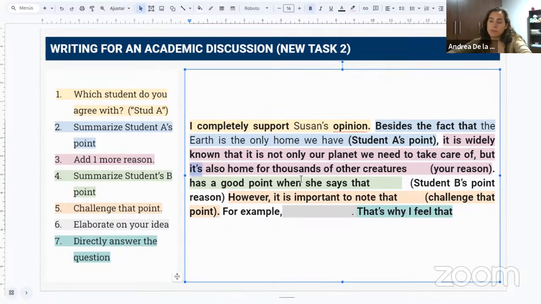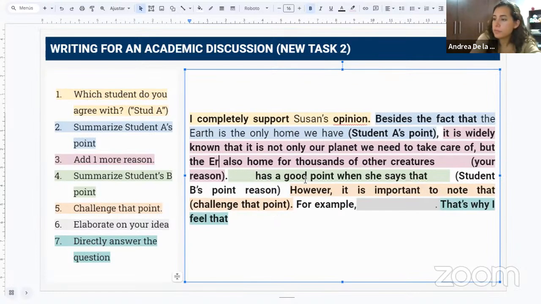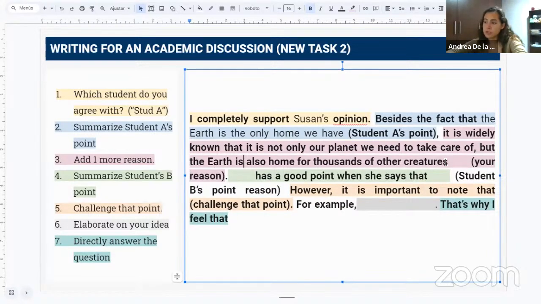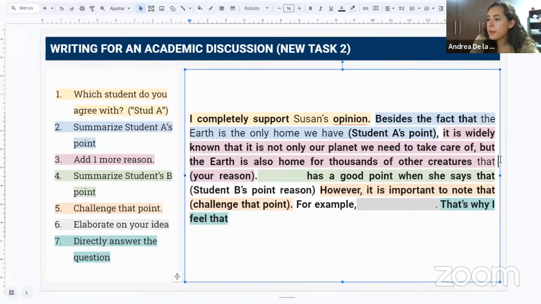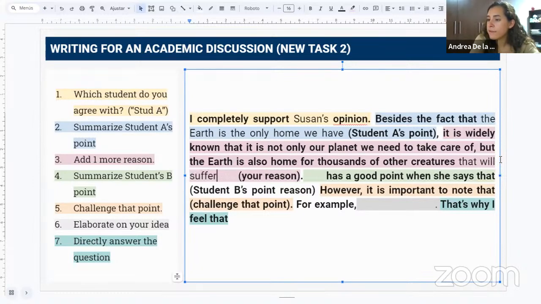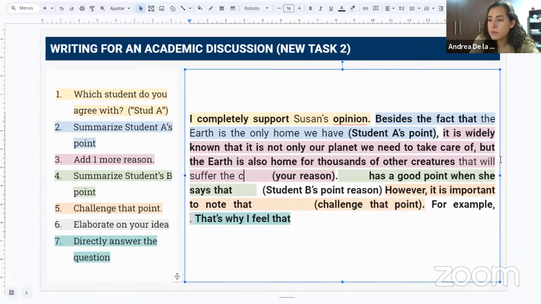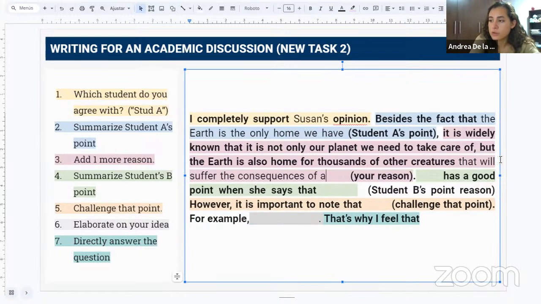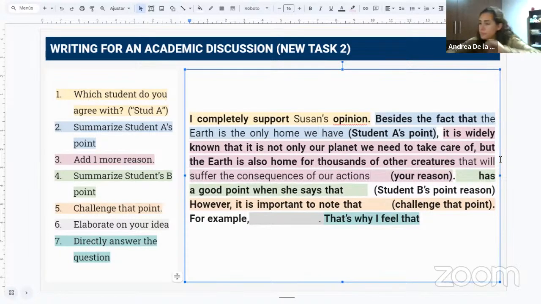But the Earth, let's say, is also home for thousands of other creatures. Let's say creatures. You know, I could maybe even add that will suffer the consequences of our actions. No, maybe something like this.